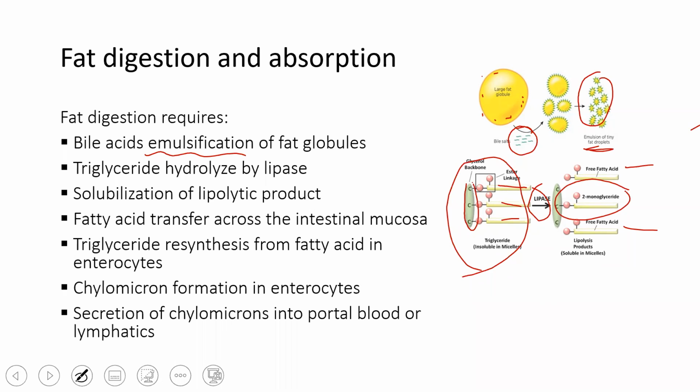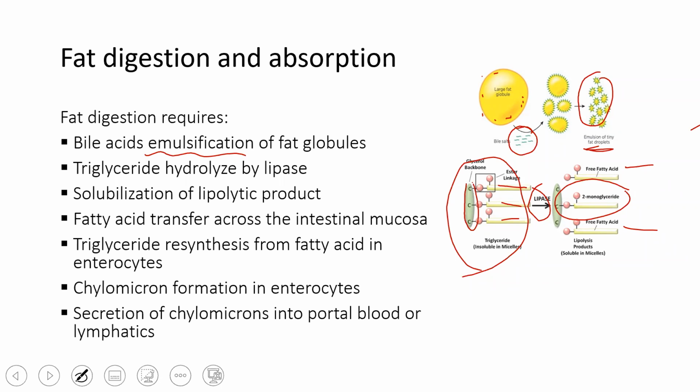The fatty acids are then absorbed across the intestinal mucosa. So what happens? Initially the complex fat is attached by the bile acid and broken down, and then the lipase takes the triglyceride and breaks it into fatty acids and monoglycerides, which are absorbed and then resynthesized inside the enterocyte, the intestinal cells, reforming the triglyceride.